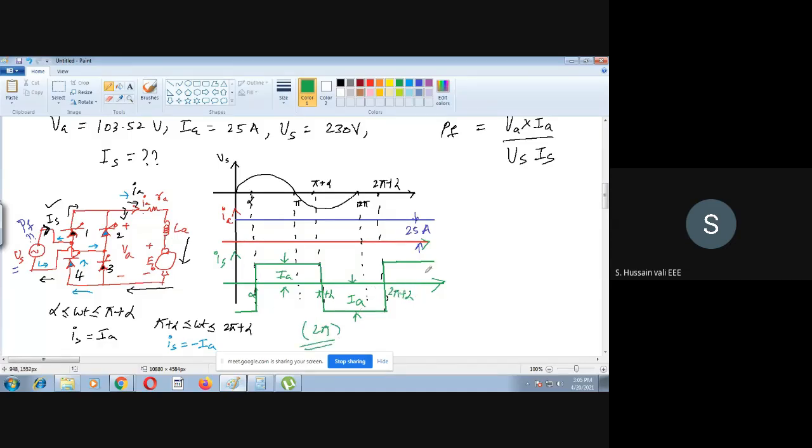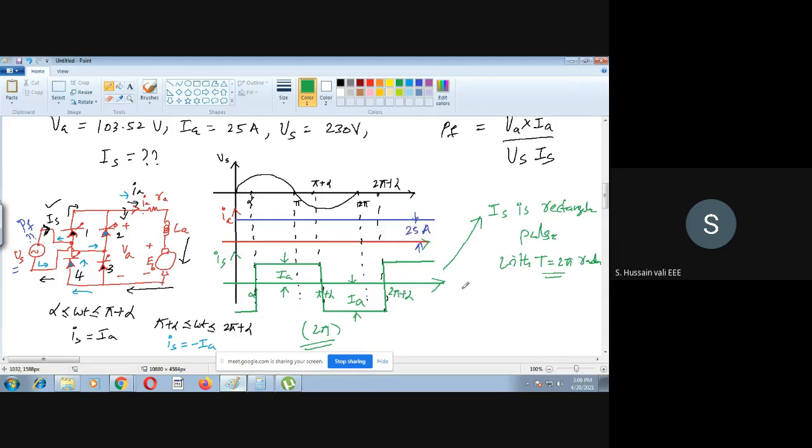So how do you find the RMS value of a rectangular pulse? IS is a rectangular pulse with time period T equal to 2 pi radians. I will write directly because you can find it yourself.